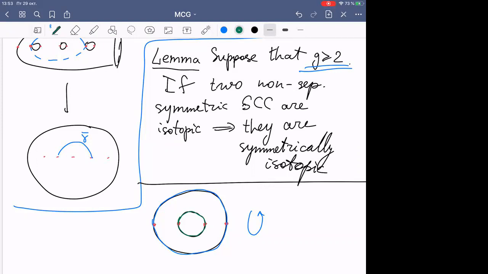The property of a simple closed curve to pass through any prescribed fixed point cannot change during symmetric isotopy. So these two curves are counterexamples for this lemma in case G equals 1.